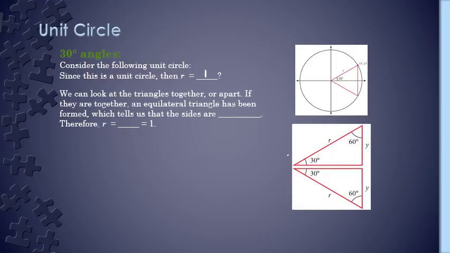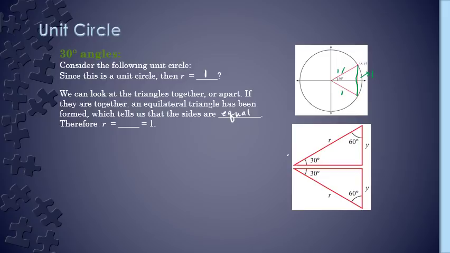We can look at the triangles together, or we can look at them apart. If they're together, then we have formed an equilateral triangle. And what's important about that is that an equilateral triangle tells us that all of the sides are equal. So that's nice. That means that if this radius is 1, then this radius is 1, and then this side is also 1.